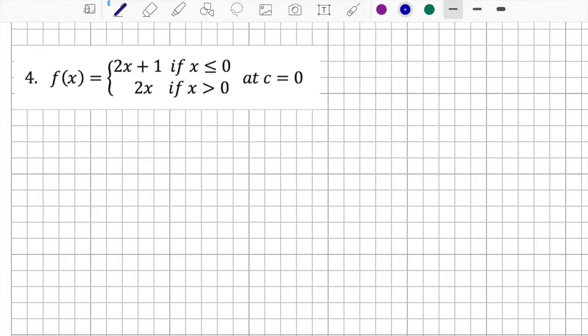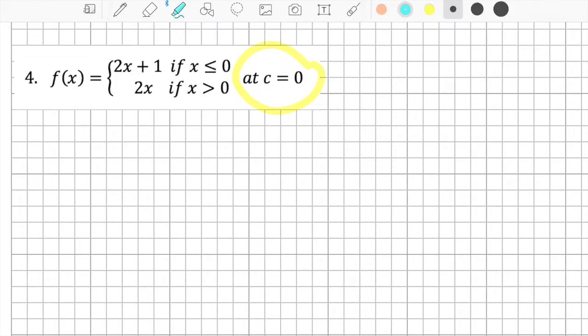Okay, so this time we want to check to see if it is continuous at c equals 0. This time we have a piecewise function, meaning this function is made up of 2 different equations.